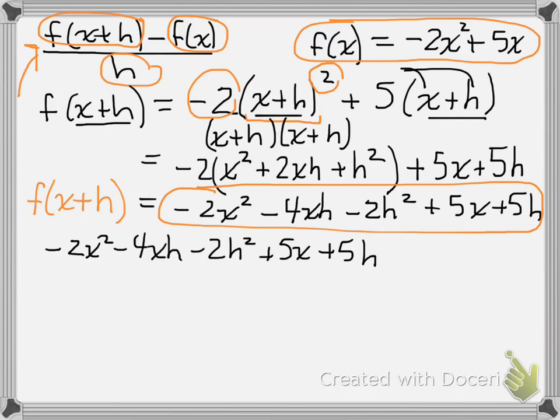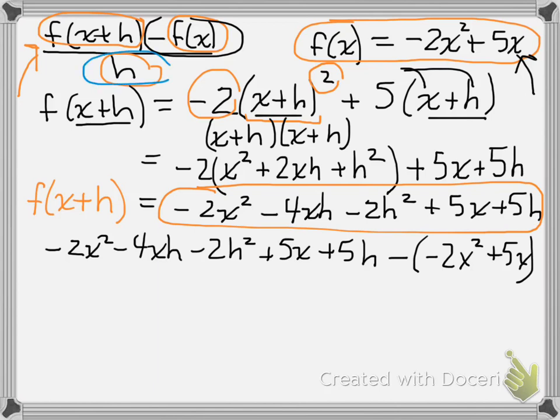And now notice we've got a minus f of x, so minus, and then we go up to our original f of x, which is negative 2x squared plus 5x, and that whole thing is all over h, so all over h.